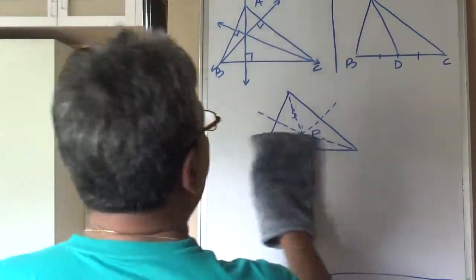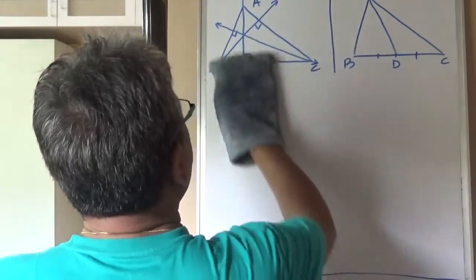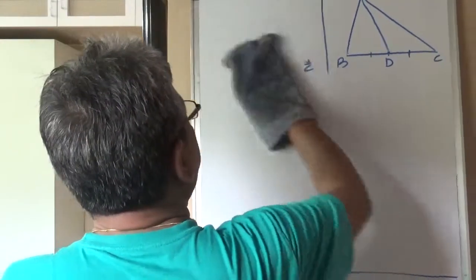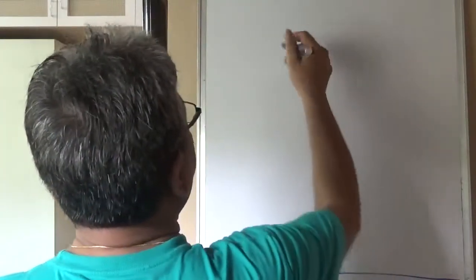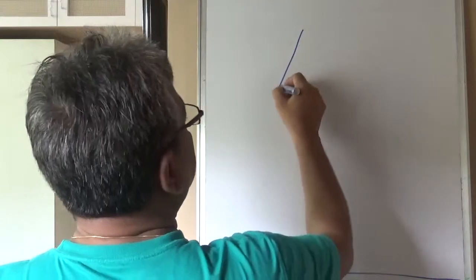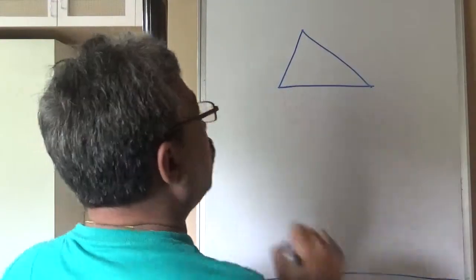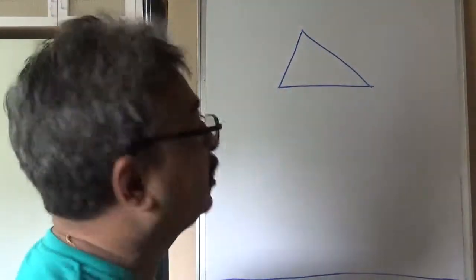Now, in the case of concurrency of altitudes, we are going to use the concurrency of perpendicular bisectors. It is very interesting: in any triangle, we already know that perpendicular bisectors are concurrent.